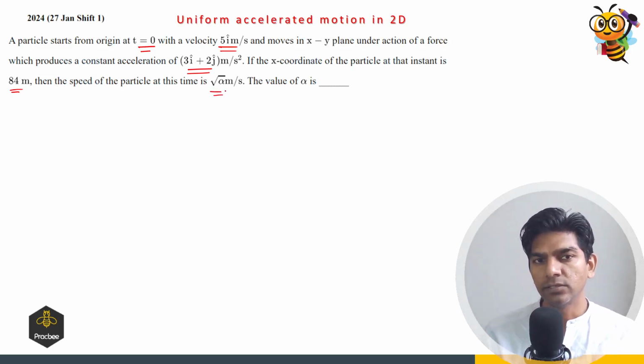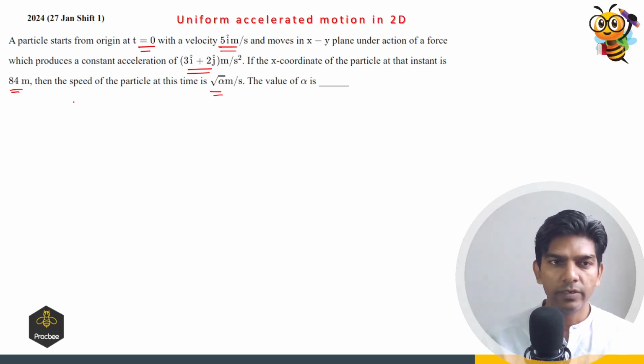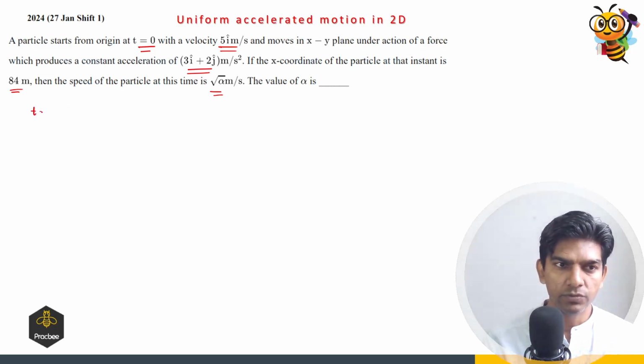So at a certain instant, the x coordinate is given as 84, and we have to find the speed of the particle at that instant. Okay, let me first write down the data. At t equals 0, we are given the initial velocity, which is 5 i cap, and acceleration is given as 3 i cap plus 2 j cap.